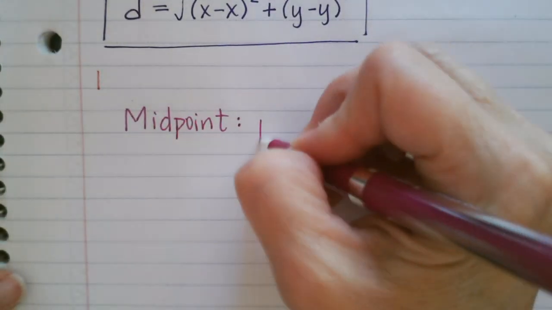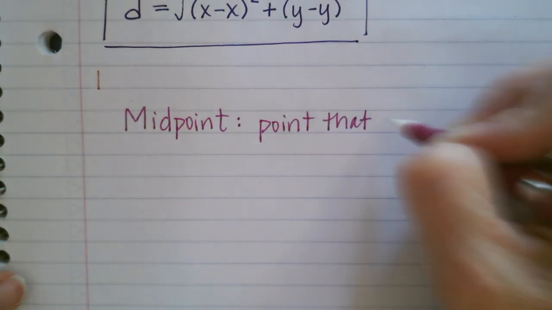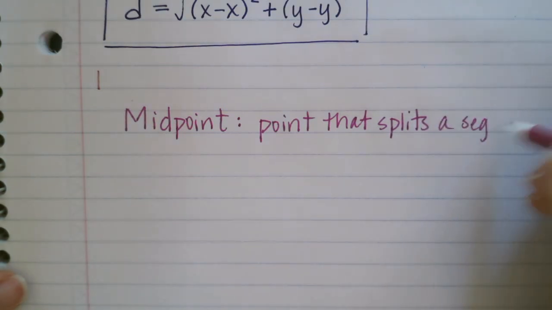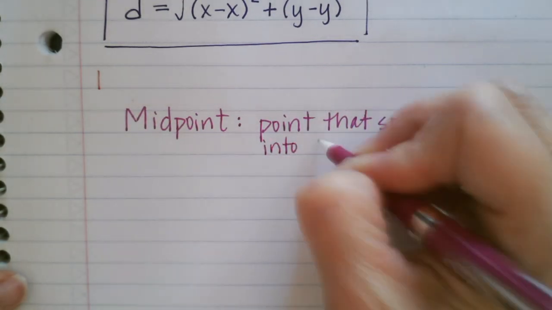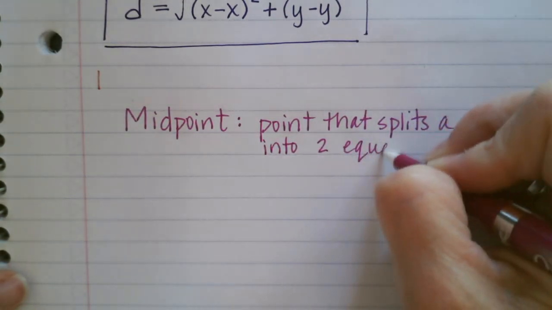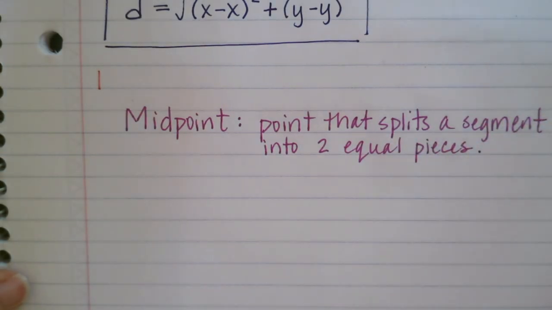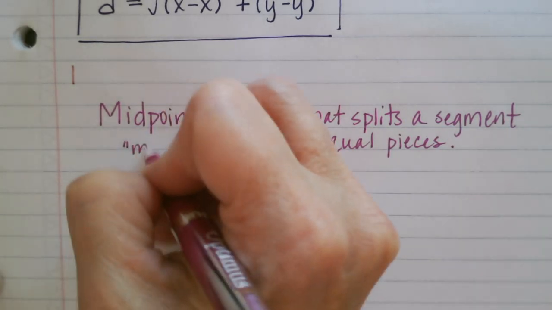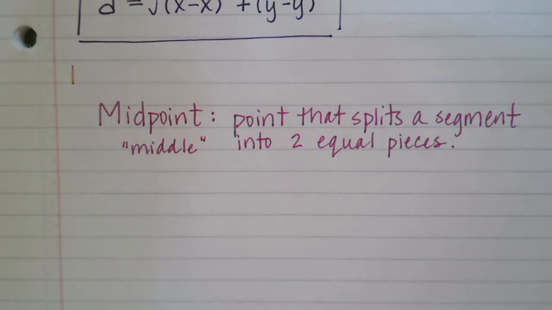The midpoint is the point that splits a segment into two equal pieces. So the midpoint is the middle. And the middle of two numbers is the average.